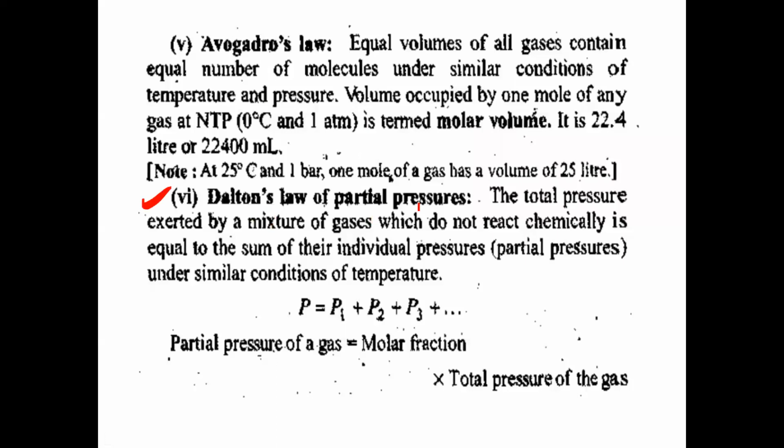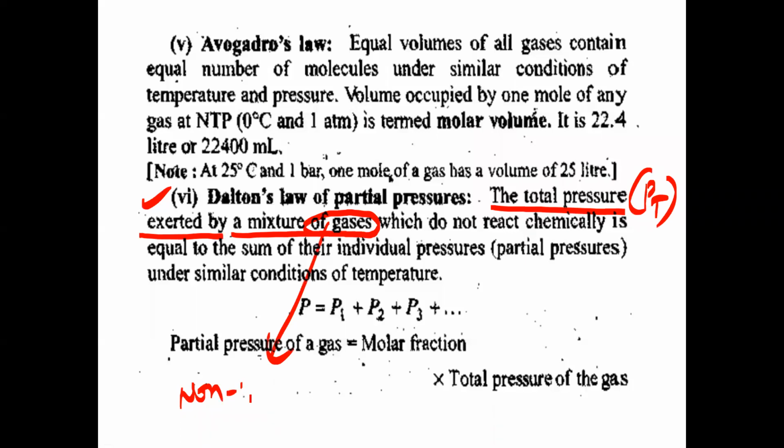In this case, the total pressure, P total, is the total pressure exerted by a mixture of non-reacting gases. We take a mixture of non-reacting gases here. The pressure exerted by a mixture of non-reacting gases is equal to the sum of their individual pressures, meaning the partial pressures. Is that clear? You have already been given the non-reacting gases concept.